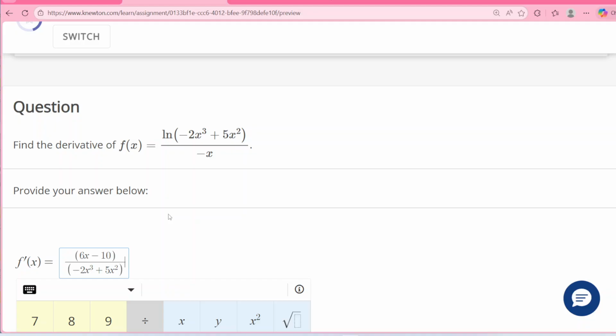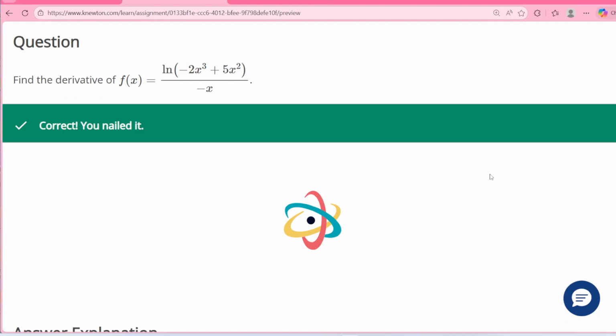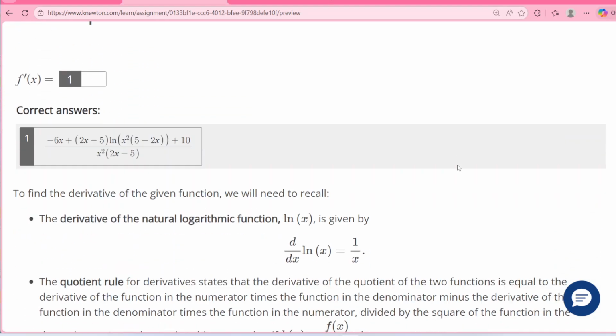Then after that, plus the x to the -2nd power times the natural log of this -2x cubed plus 5x squared. And this should be good. Right.